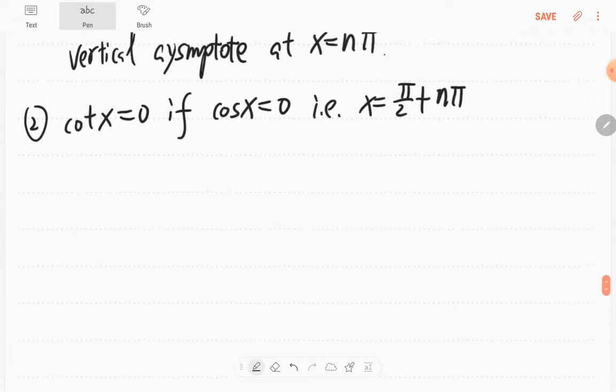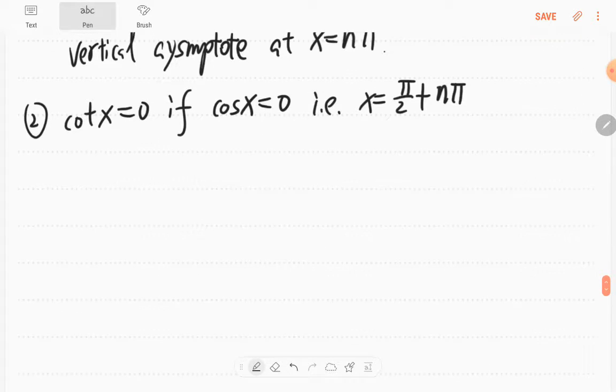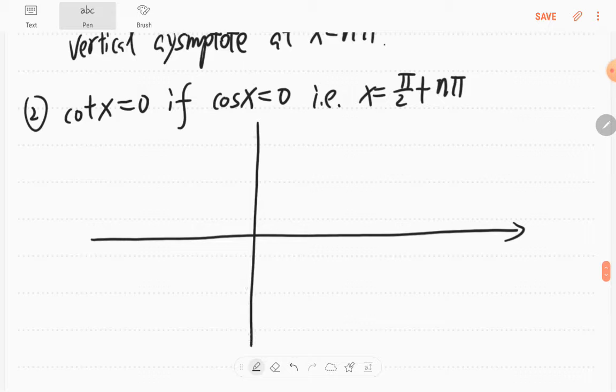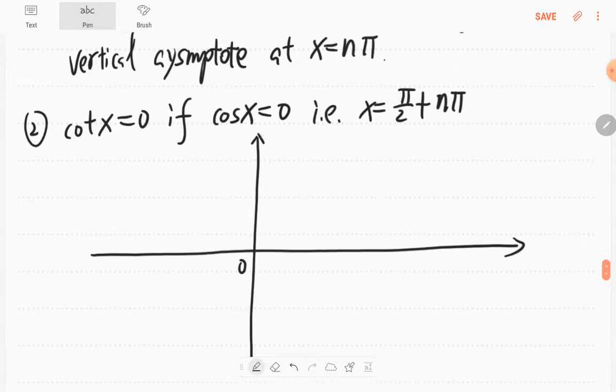So now let's look at the graph. Right, we just look at the graph. This is 0. So the vertical asymptote is the y-axis. This is pi, right? 2 pi, and negative pi, if you want.